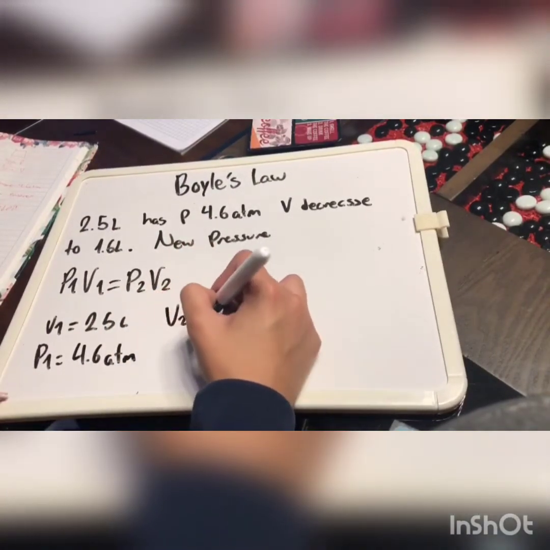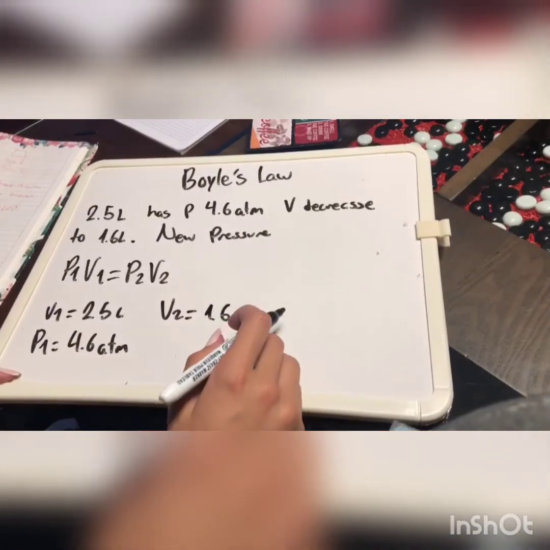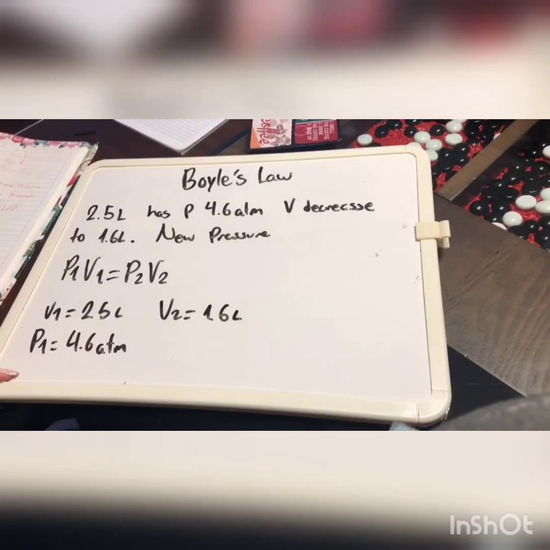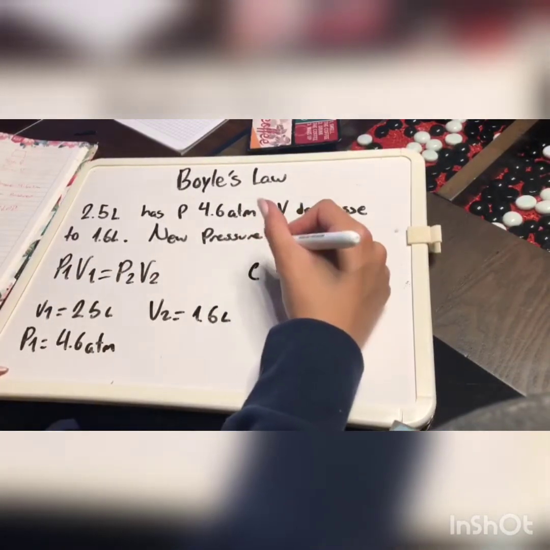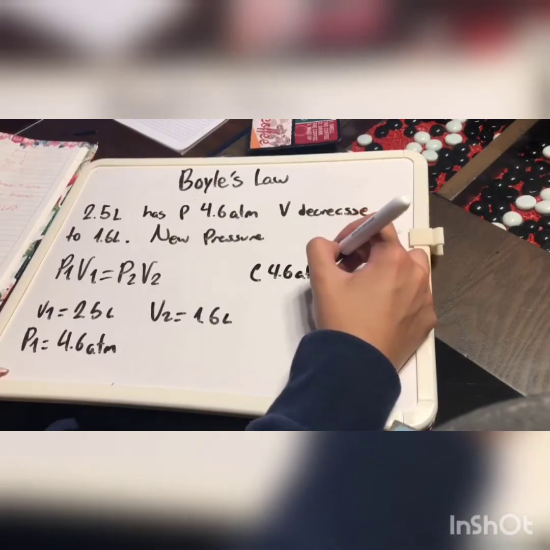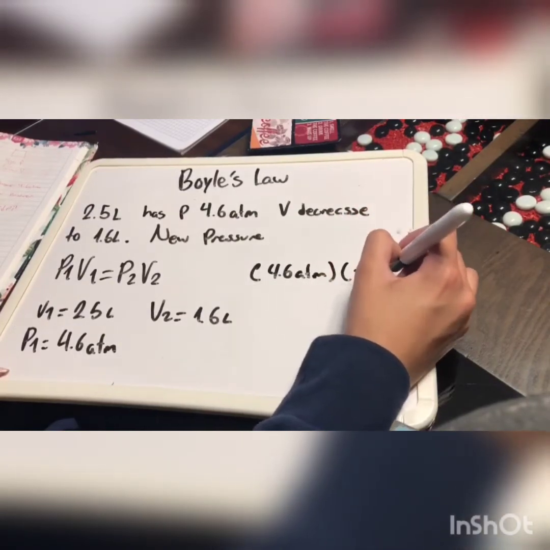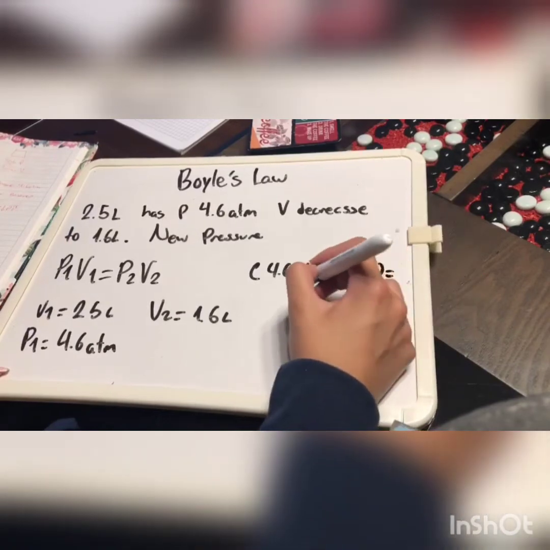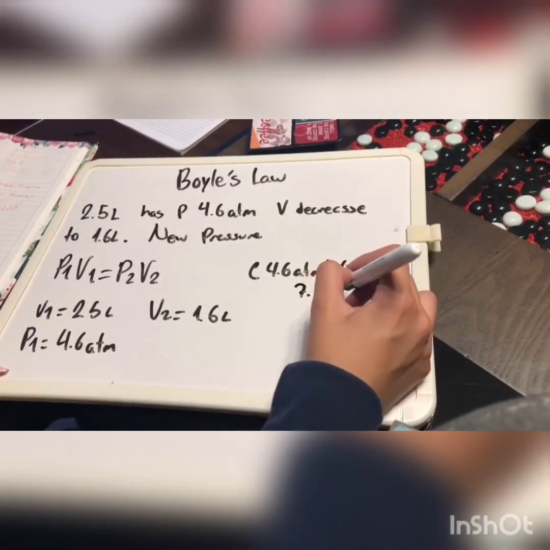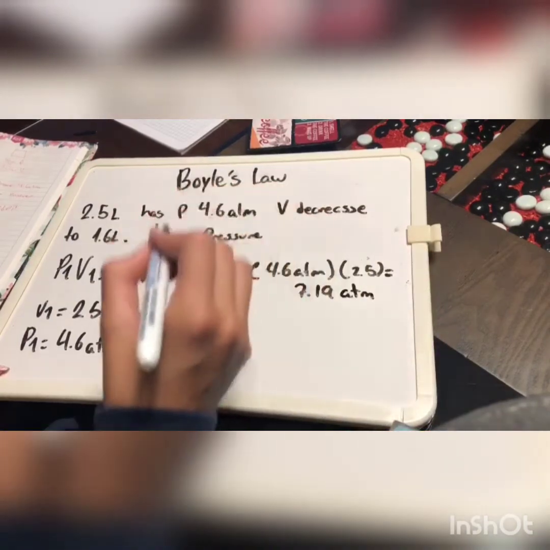V2 is equal to 1.6 liters, and the operation would be like this. That is equal to 7.19 atm if we make the division.